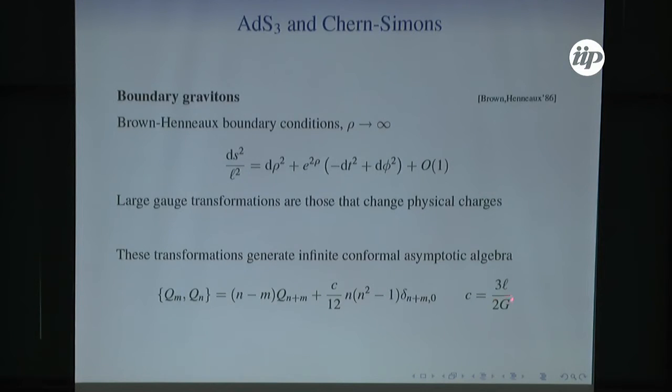So G is small, when gravity is weak, which means that the central charge should be large. So this correspondence between AdS and CFT should work well in the limit of large central charge if we want to incorporate classical gravity.